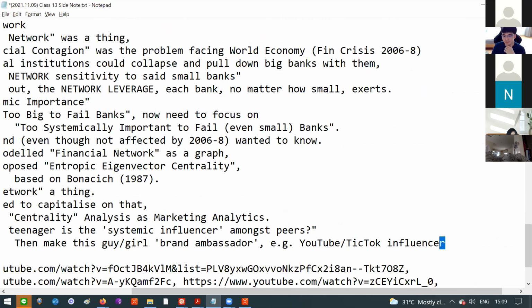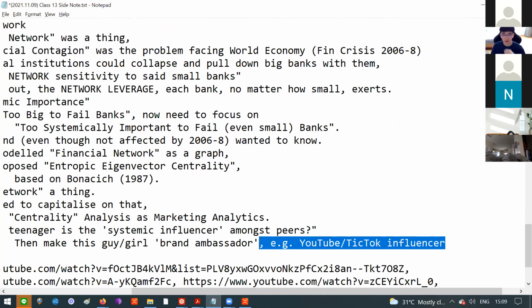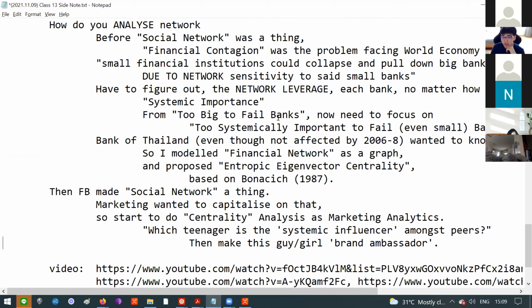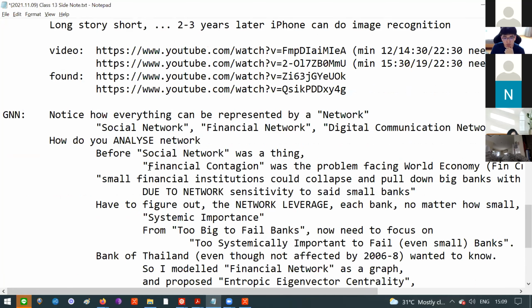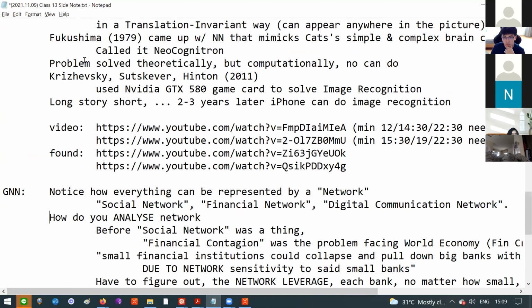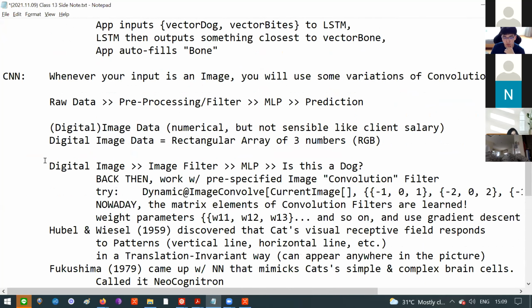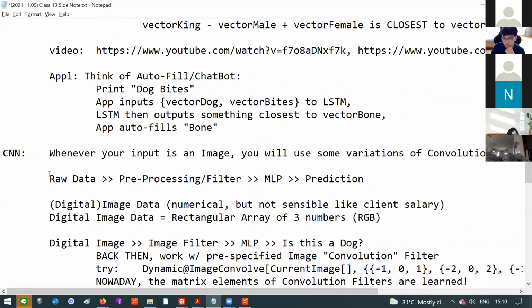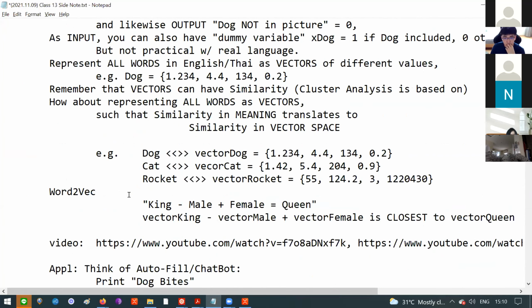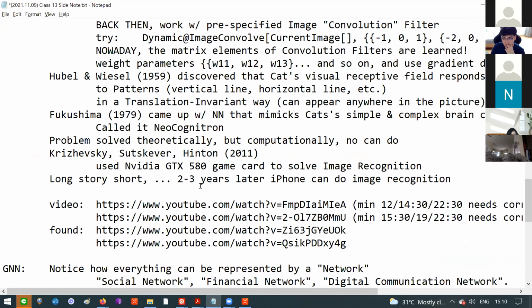It's a lot easier now because you can just count the number of subscribers. But back then, you had to identify them. So that's it. That's called network analysis. So just like this, it has two stages. Back then was back then.